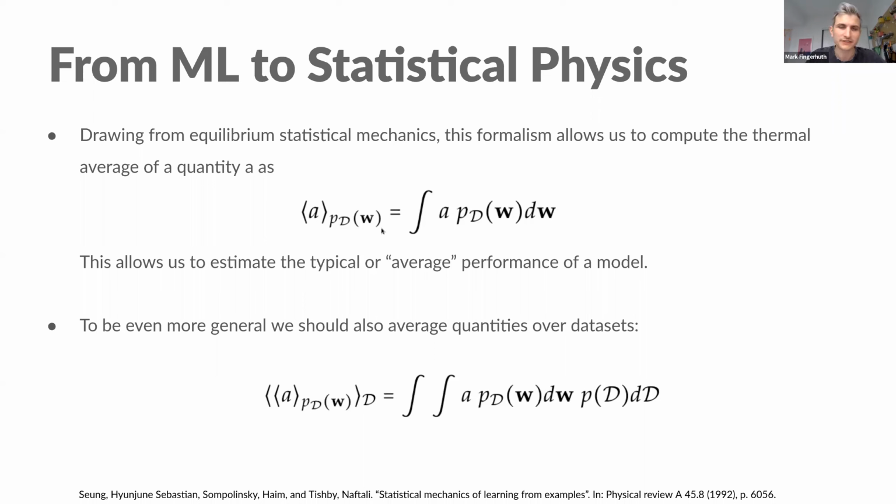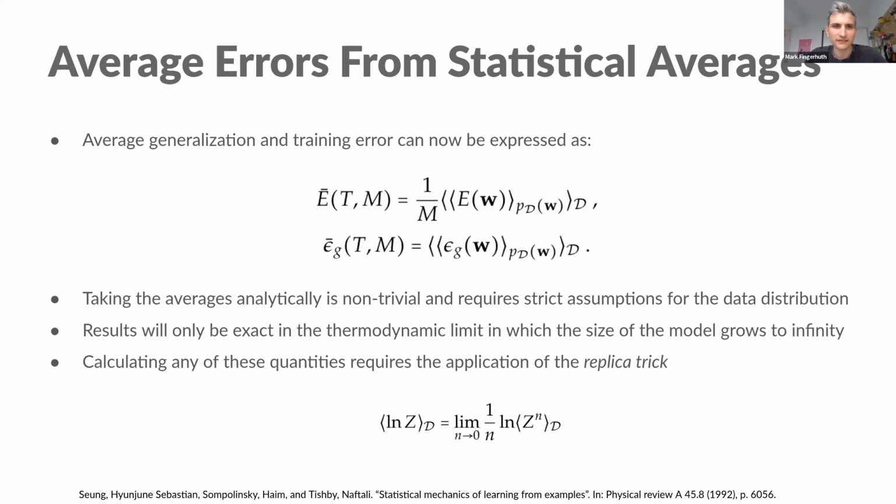But in this case, we still treat the data set as a fixed quantity. And so typically people in the field also take the average over all the possible data sets in order to be really exact. Taking these types of averages then allows us to compute the average training error and the average generalization error, by averaging over all the possible model weight vectors and all the possible data sets.